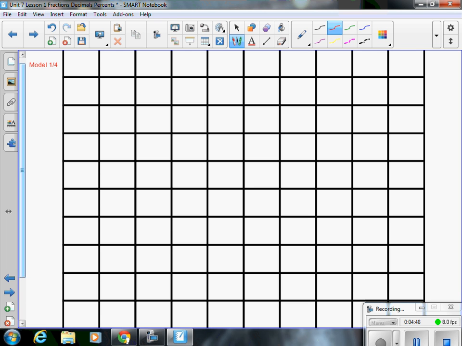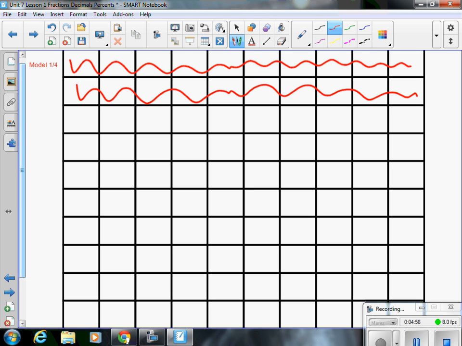So we would shade in 10, 20, 25. So 1, 2, 3, 4, 5. Yep. So because there's 4 quarters in a dollar, 25 cents would be 1/4. So that's what that looks like on a grid.